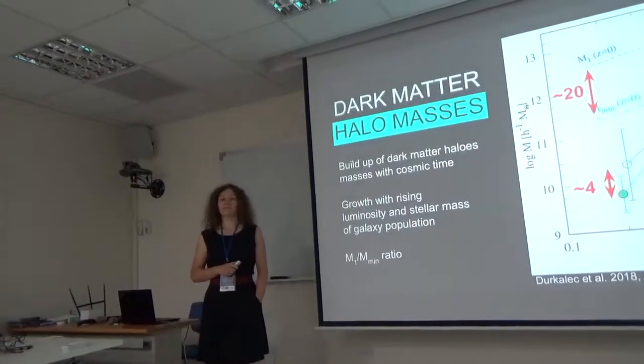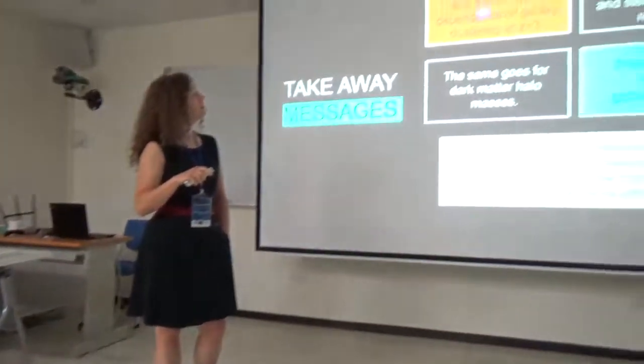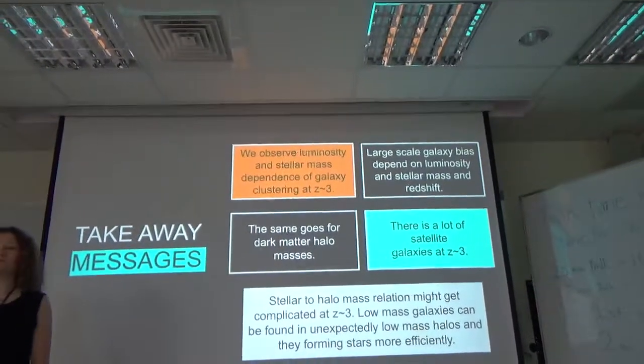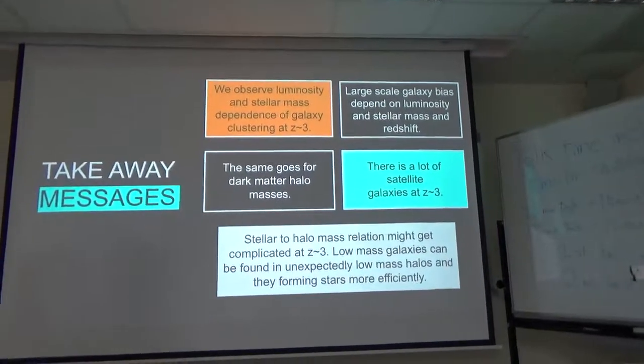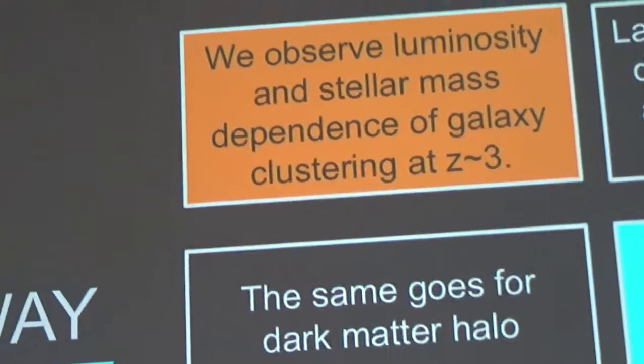So on the last slide you mentioned that the luminosity and stellar mass have a dependence, right? Maybe in the summary. Yeah, you mentioned the observed luminosity and stellar mass dependence. Does this mean there's a scaling relation between these two quantities? Yeah, there is.